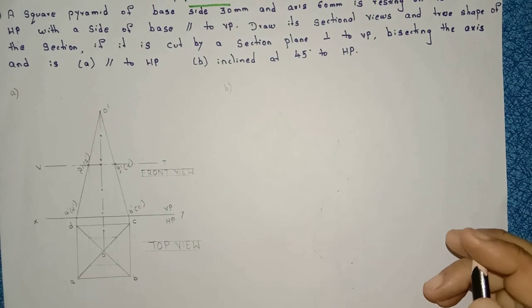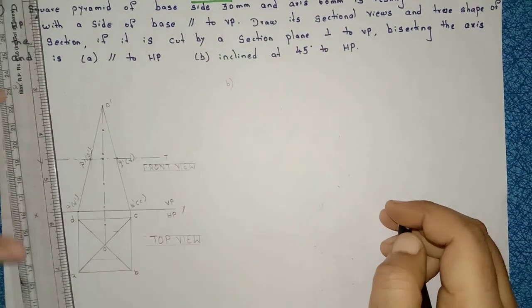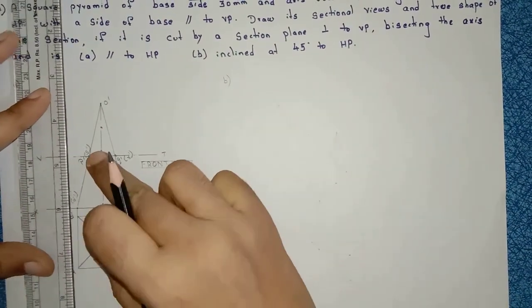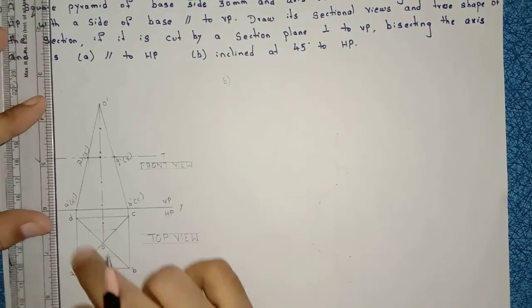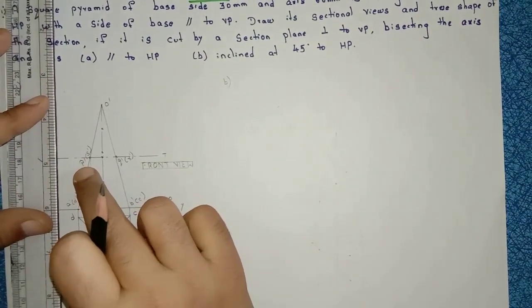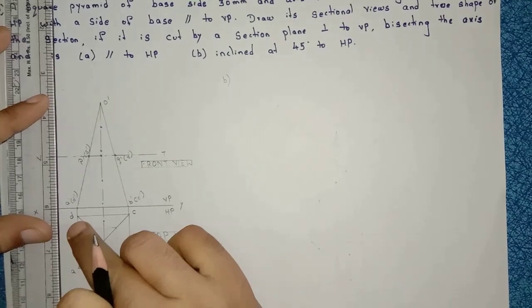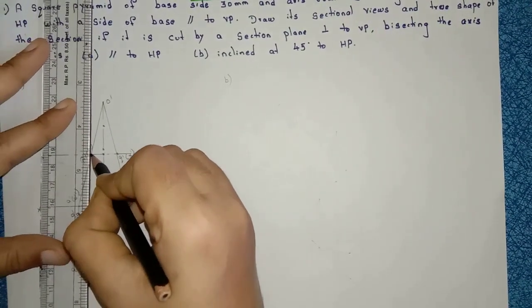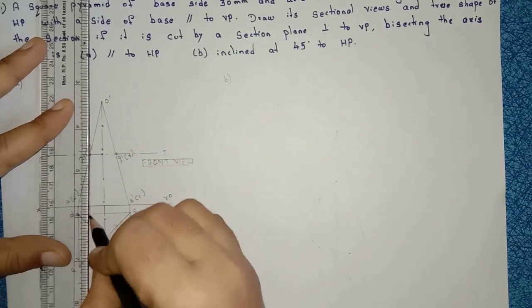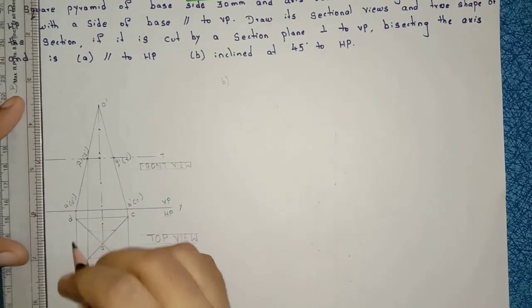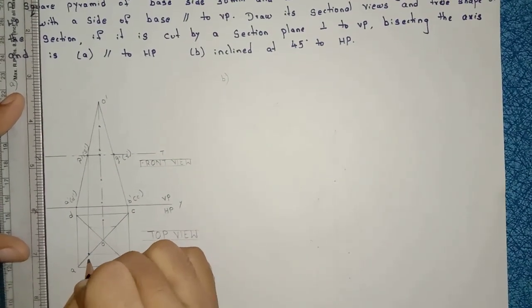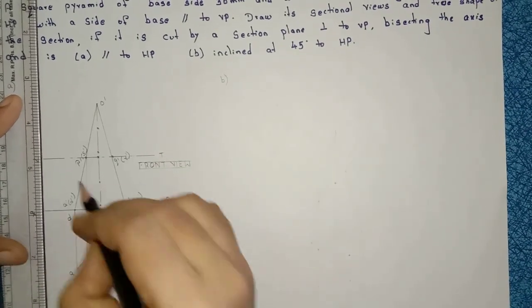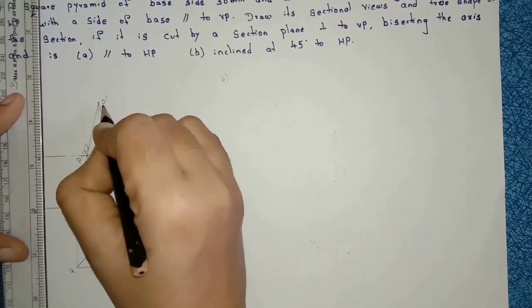After constructing the sectional plane, now from those points you should project down till here. Now you see the P dash point is in between O dash and A. So from P dash project the line in between O and A. Mark this point as P. Next, S is in between OD.